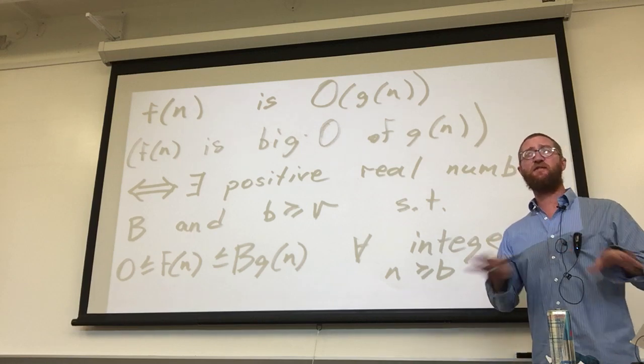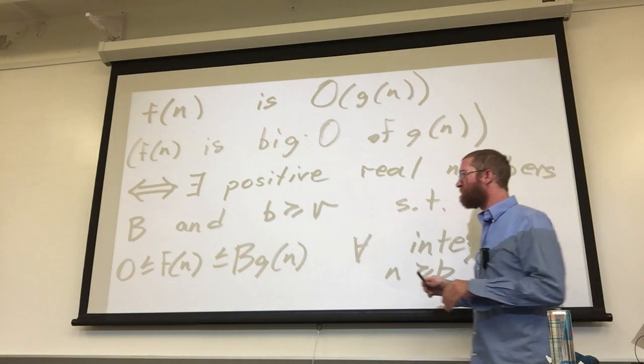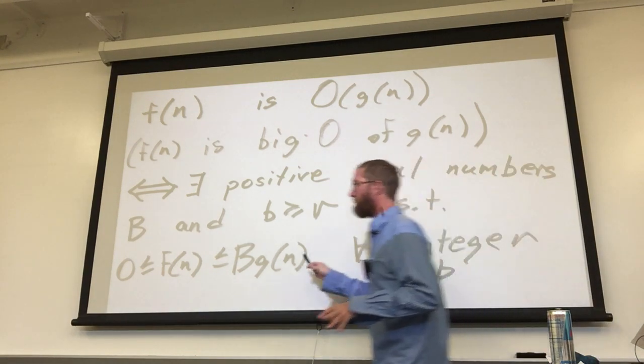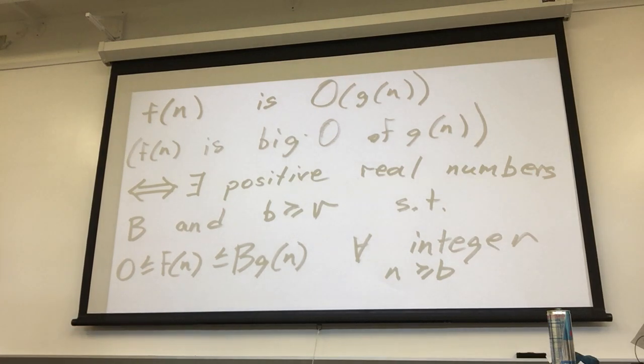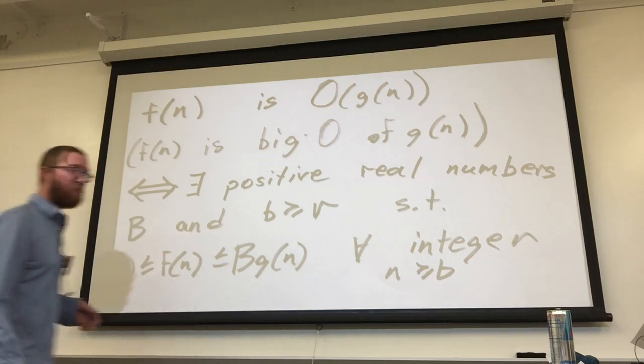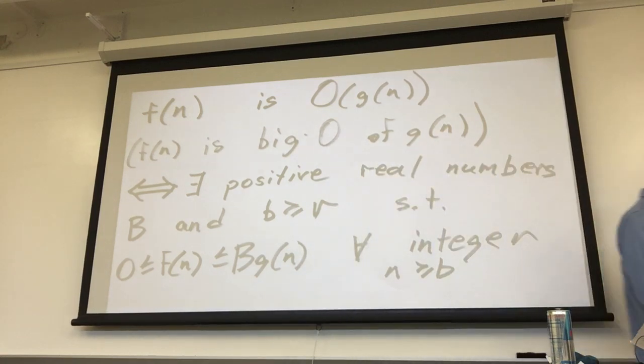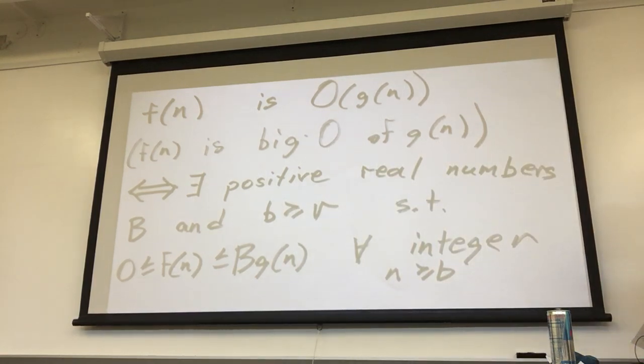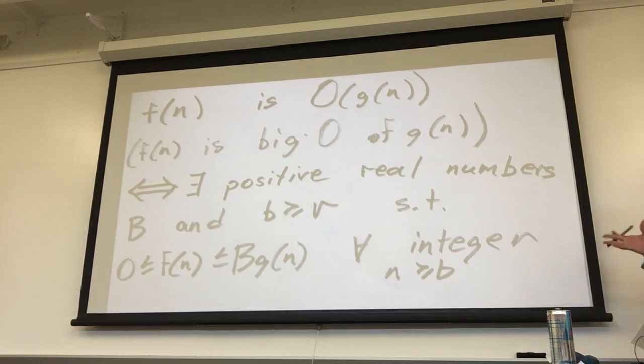This statement wouldn't even make sense if g of n were negative at that point, because you have this inequality right here that f of n has to be bigger than or equal to 0. So f of n is big omega if it's bounded below. F of n is big O if it's bounded from above. And then we have the combination of these two statements.